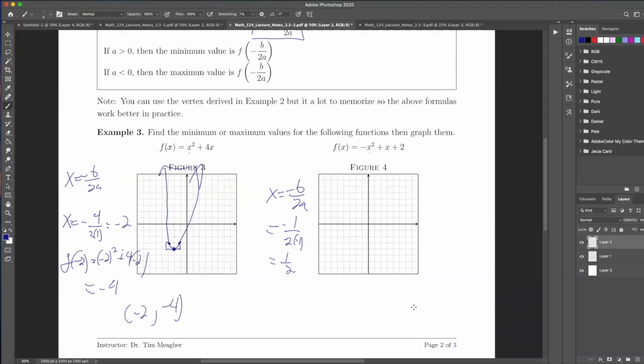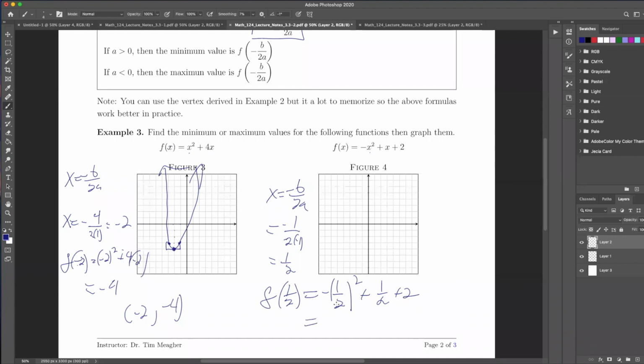Well, that's not super fun, but we can just plug it in. So f of a half equals minus 1/2 squared. Oops, that's a little hard to read. Let me rewrite that so it's easier to read: minus 1/2 squared plus a half plus 2.